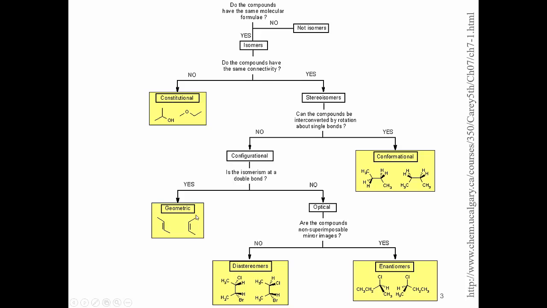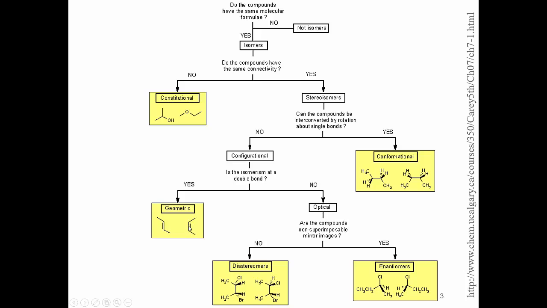And you may remember some of the nomenclature for this would be called trans-butene, and we might include the 2, so trans-but-2-ene, indicating that the 2 position is where this double bond starts and it goes to the next, so it would be 2 to 3. And the same here, this would be called cis-but-2-ene.